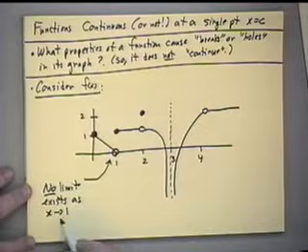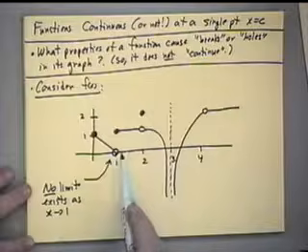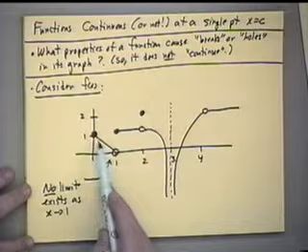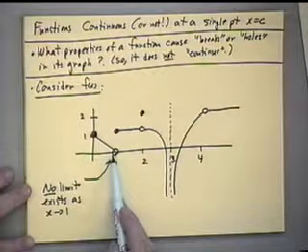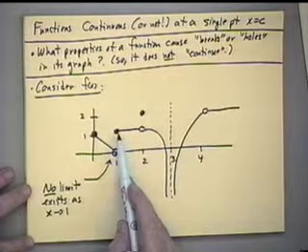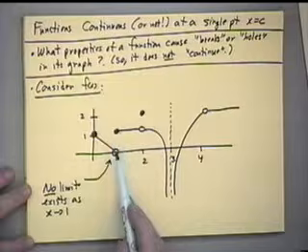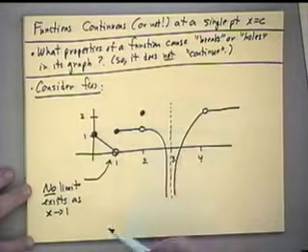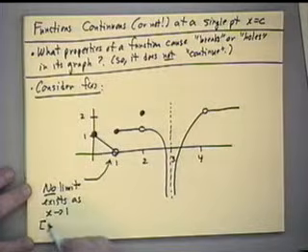And when I write x approaches 1, I mean x approaches 1 from either side. It's a two-sided limit. So in this case, you can see what the problem is. If you approach from the left, the limit seems to be taking you down to a height of 0. If you approach from the right, the limit seems to be taking you to 1. So there is no two-sided limit, and that seems to explain why there's a jump in this function. And I'll even write the word jump here.